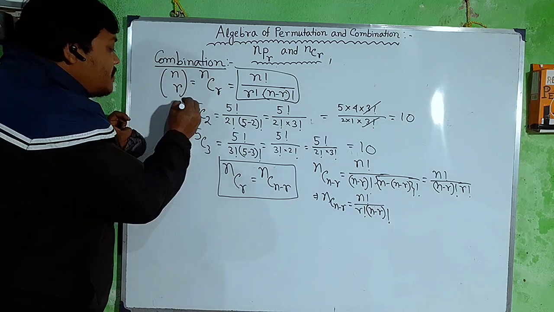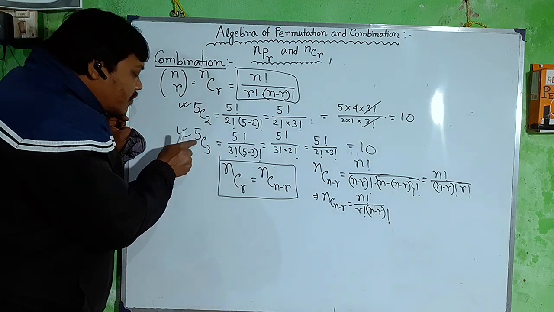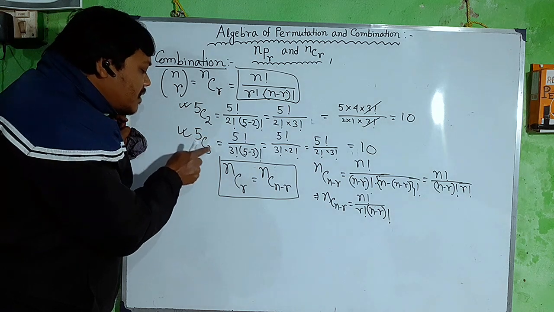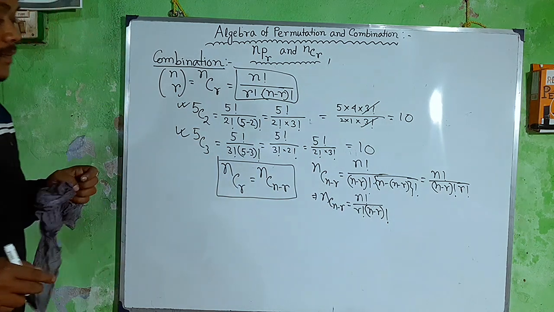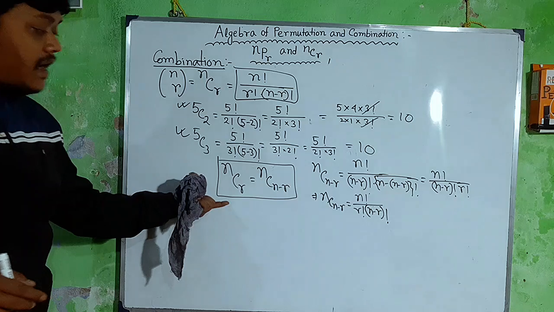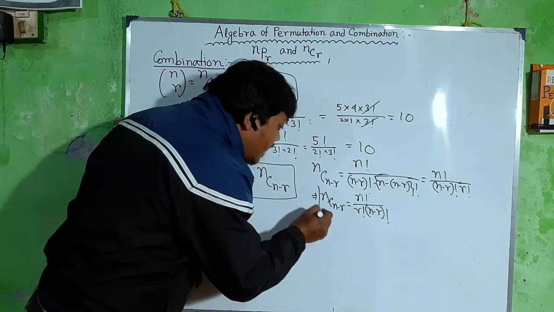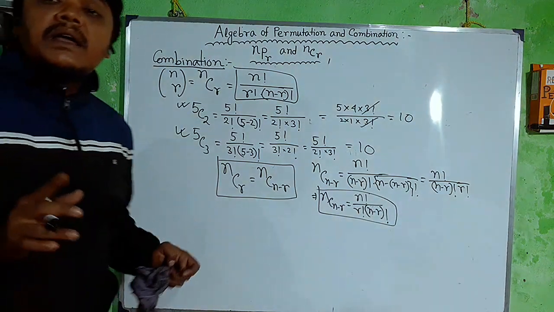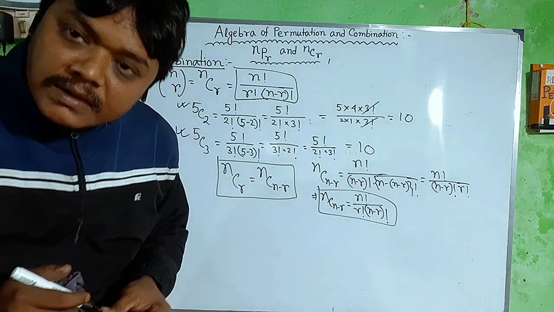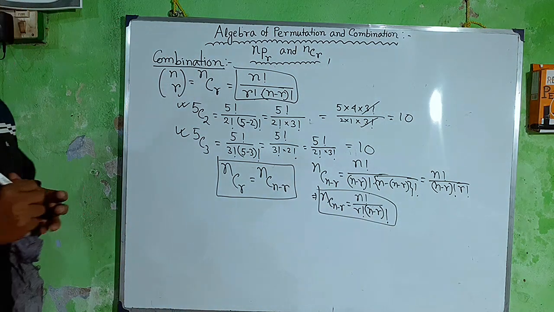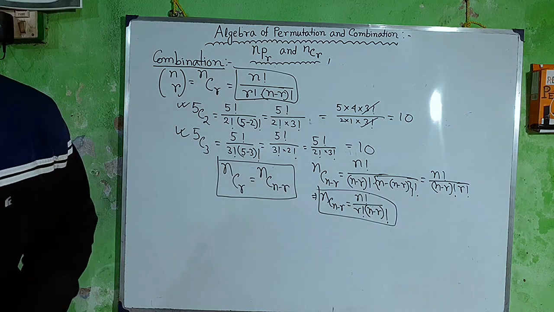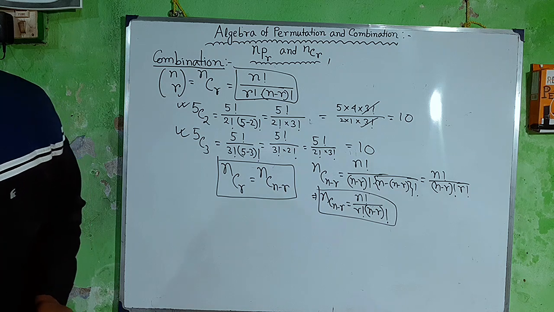That's why 5C2 and 5C(5 minus 2), that is 5C3, are the same. I have already proved it in a calculative way. So nCr and nC(n minus r) are both the same.